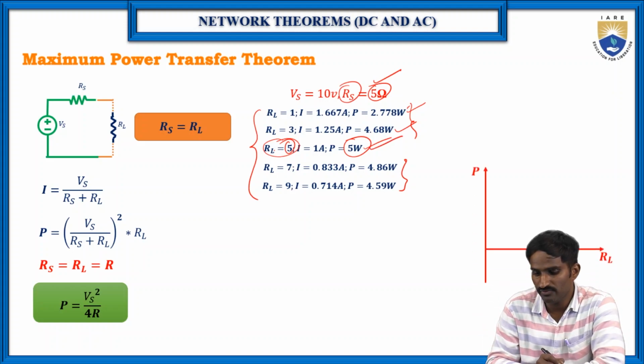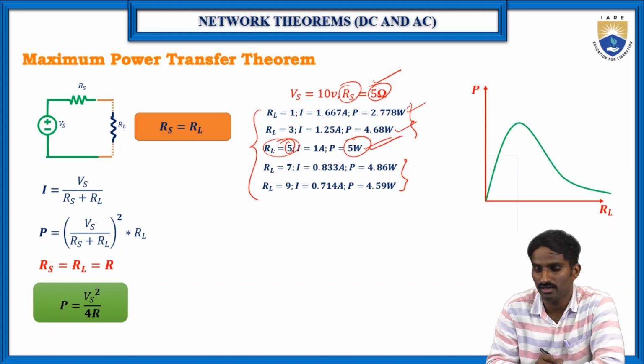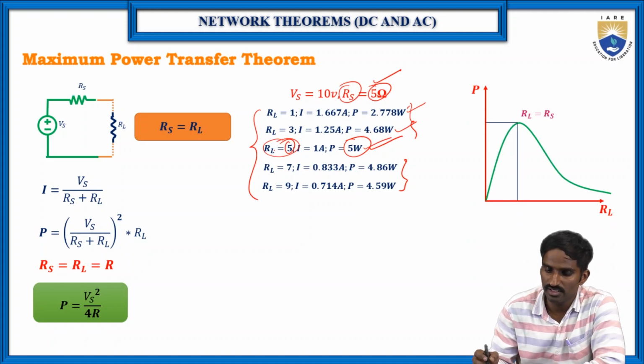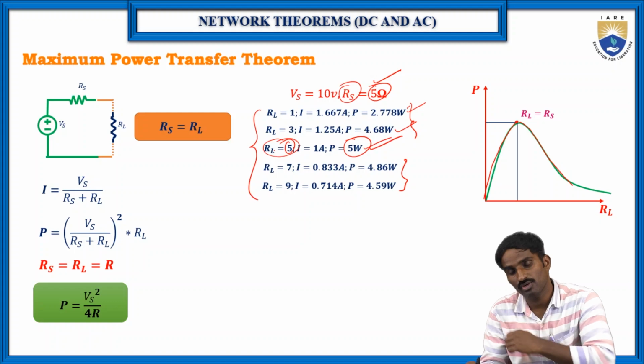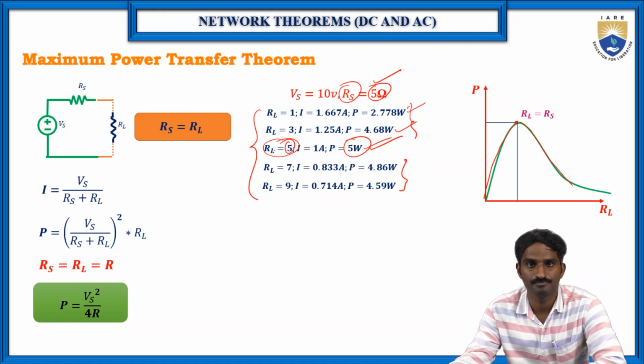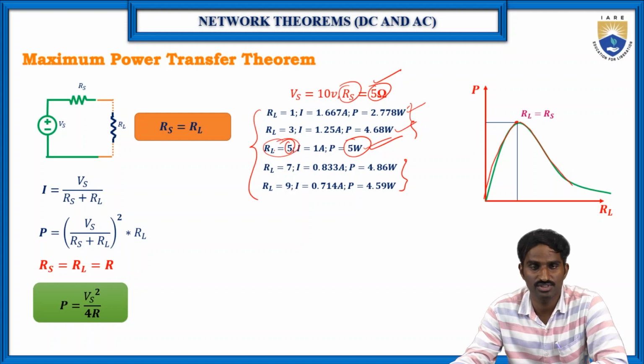If you draw the graph between P and RL, when RL is equal to Rs, you get 5 watts. Before this value the power is less, and after this value, as RL increases, the power decreases. That's what the maximum power transfer theorem states.